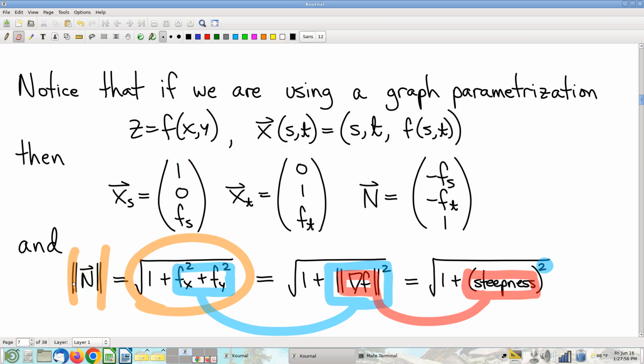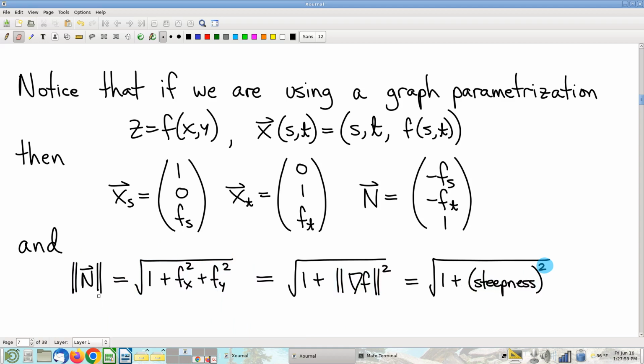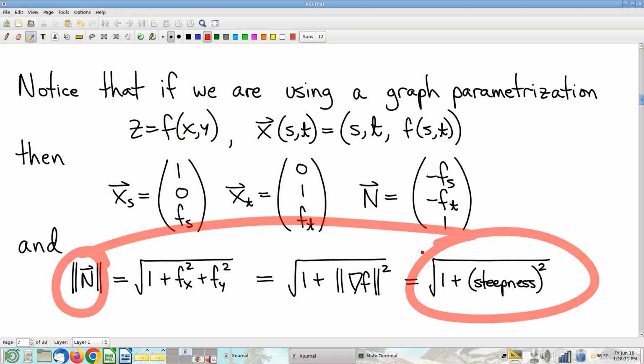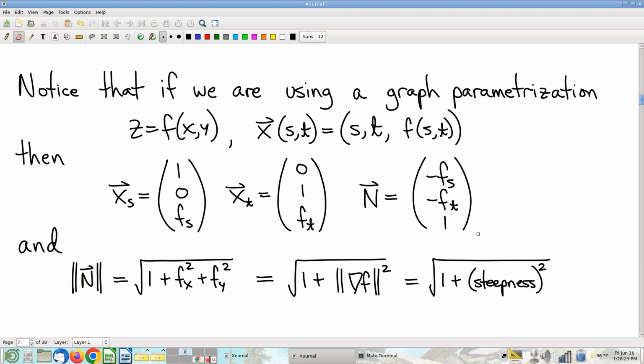This is pretty cool. Neat calculation. The upshot is that anytime you're using a graph parameterization, whatever function you're looking at, your stretching factor is always a nice, simple function of just one question: how steep is your graph? That's it. Just the steepness of the graph contributes. So, nice fact.